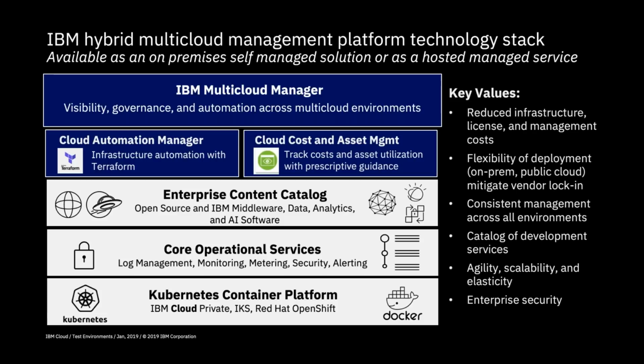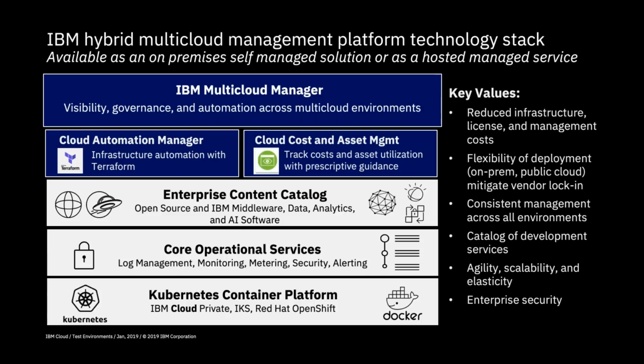We have Cost and Asset Manager. This is a tool that you can connect to your public clouds as well as private clouds, ingest all the utilization data, and we can present you in dashboards the cost of those resources, what accounting center those costs should be assigned to, and resource utilization. If we're talking VMs, are they underutilized? Are they approaching being overutilized?